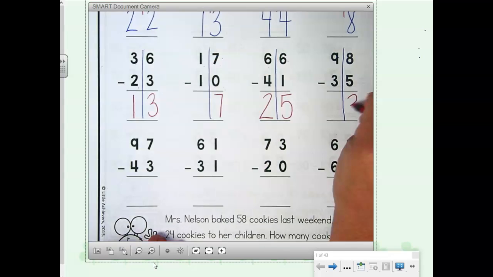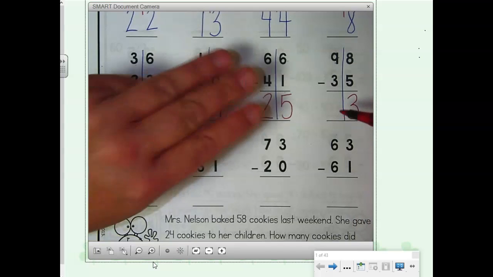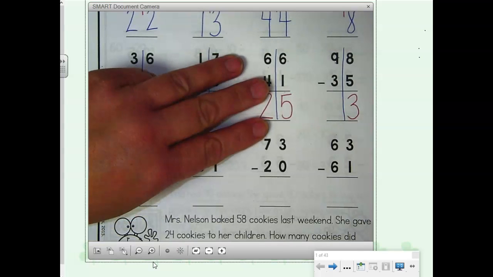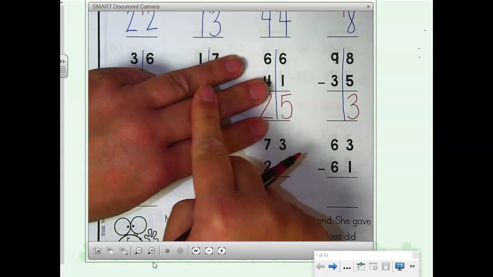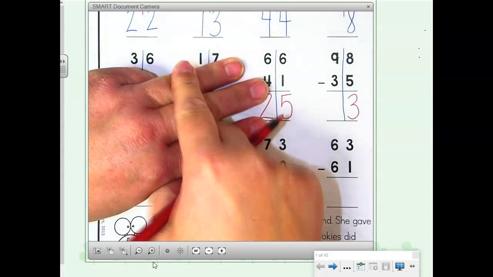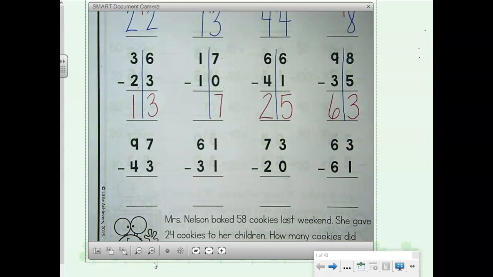So my difference is 3 in the ones place. 9 minus 3. All right, 9 in my head. 8, 7, 6. My answer is 63.